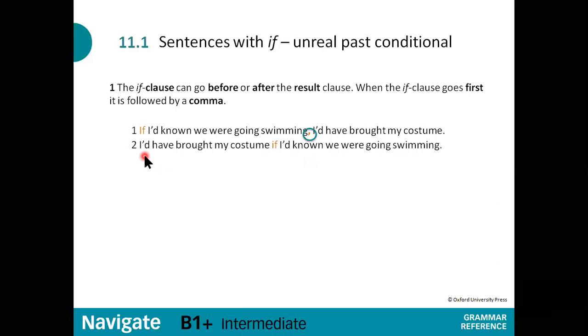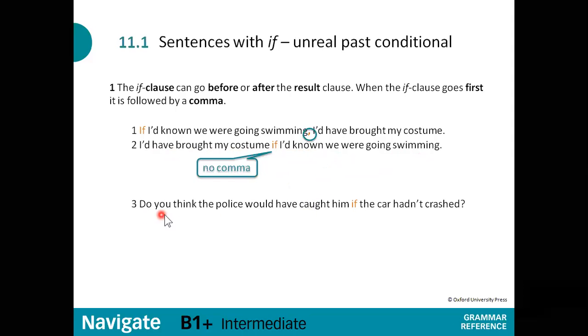And when you start with the would clause, you don't write a comma. So, I'd have brought my costume if I had known we were going swimming. There is no comma. Do you think the police would have caught him if the car hadn't crashed? So no comma.